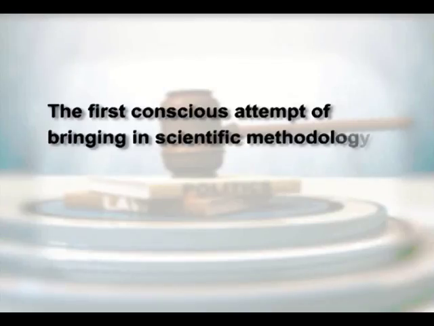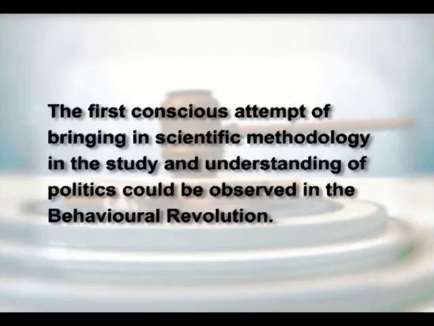Now, as I was talking about the incorporation of science into the understanding of politics, the first conscious attempt at bringing scientific methodology into the study of politics we could find with what is known as the beginning of the behavioral revolution.